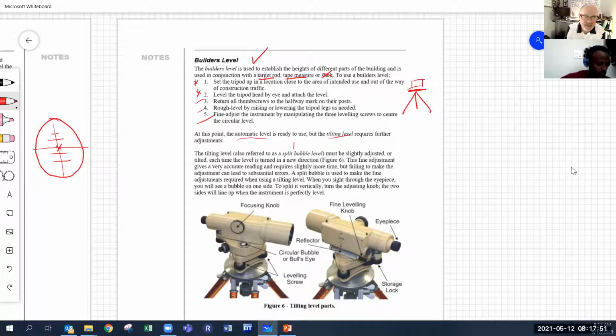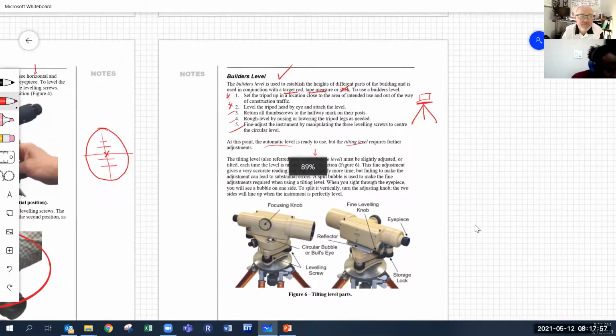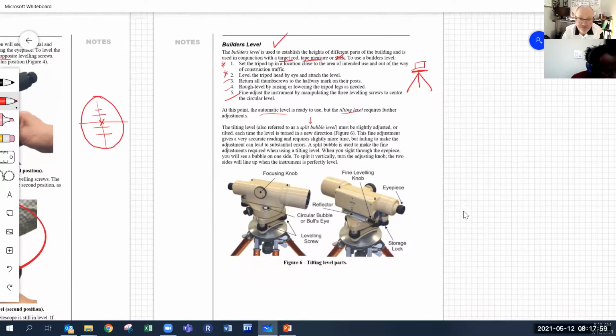Sometimes this tilting level is also referred to as a split bubble, and it must be adjusted. Failing to do so can lead to errors. The split bubble is used to make fine adjustments when using a tilting level.